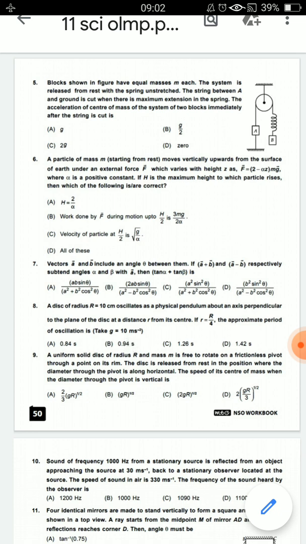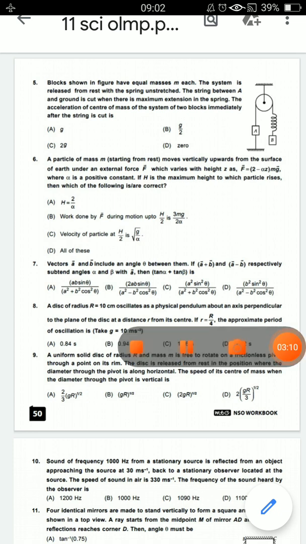If small r is equal to capital R by 4, then the approximate period of oscillations is what? Take acceleration due to gravity equal to 10 meter per second square. Option A is 0.84 second, option B is 0.94 second, option C is 1.26 second, option D is 1.42 seconds.